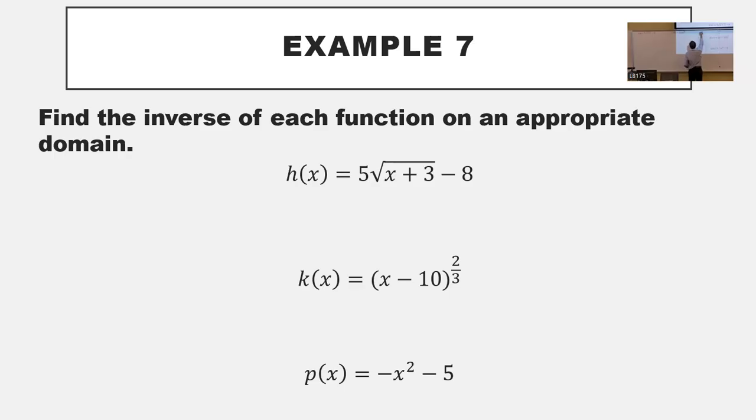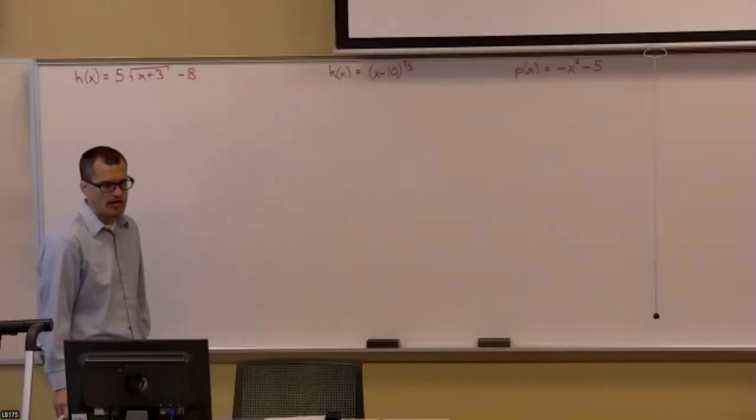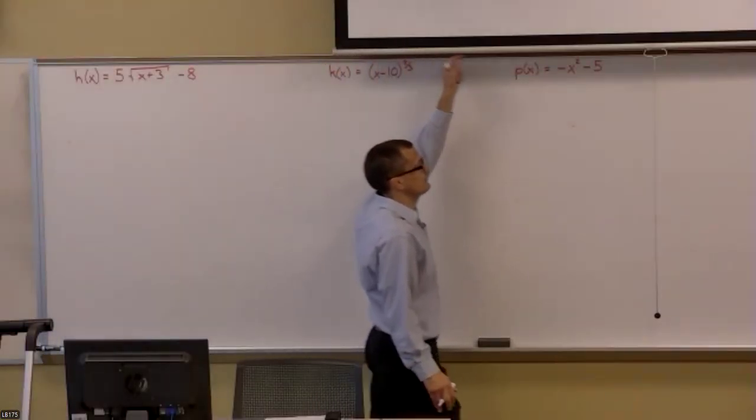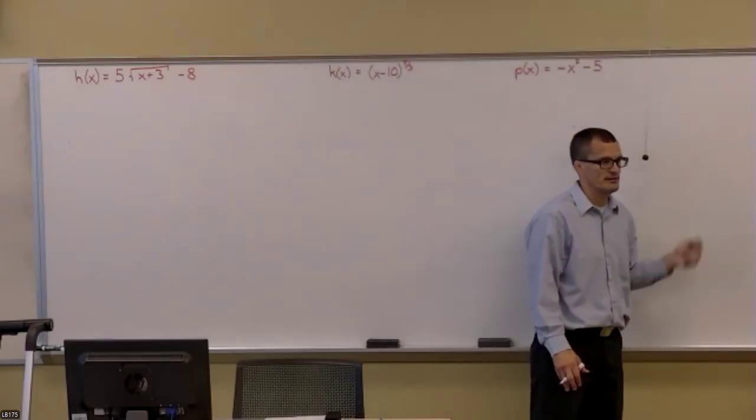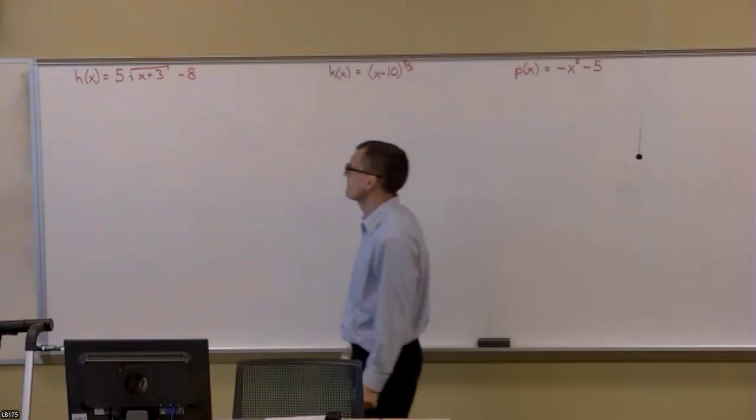And then p of x is equal to negative x squared and then minus 5. And it says find the inverse function of each of these on some appropriate domain. Okay.